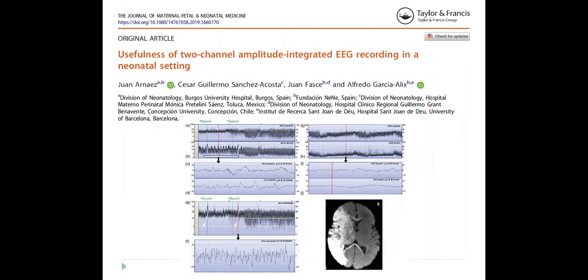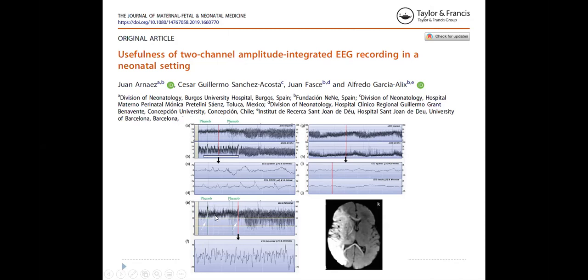Maybe you don't detect the alteration in the background pattern, because when you make an evaluation in transverse montage, the high amplitude is strong and the pattern is predominant, but it doesn't mean that everything is okay.